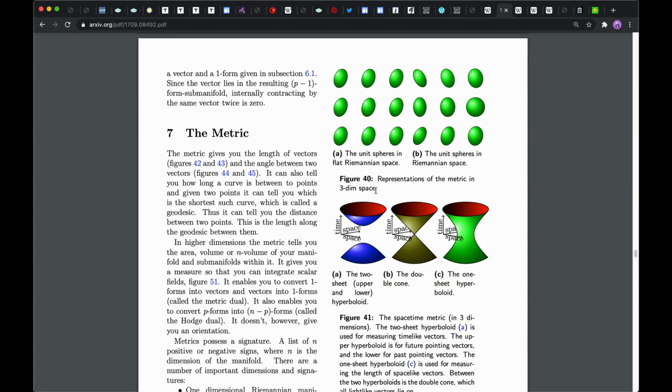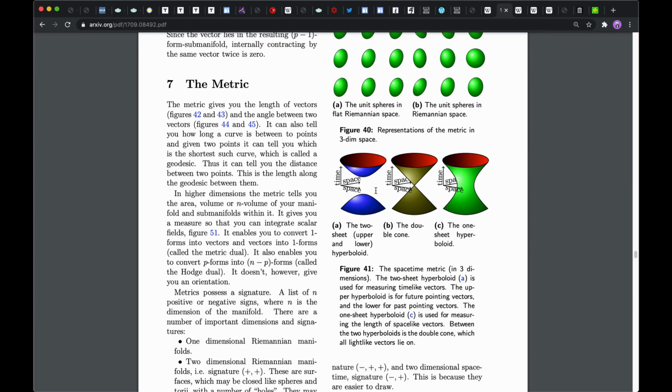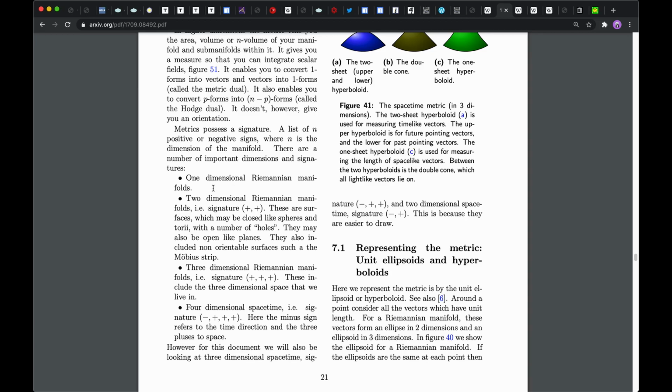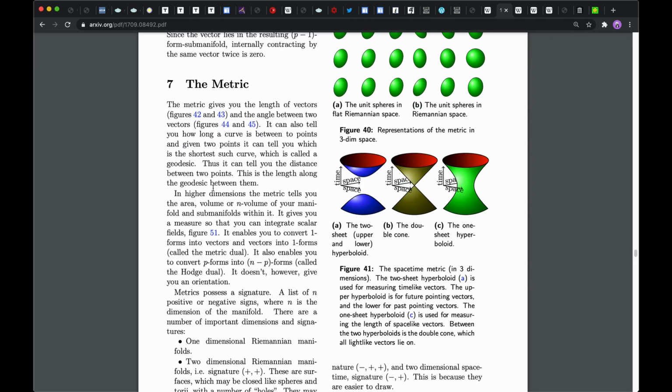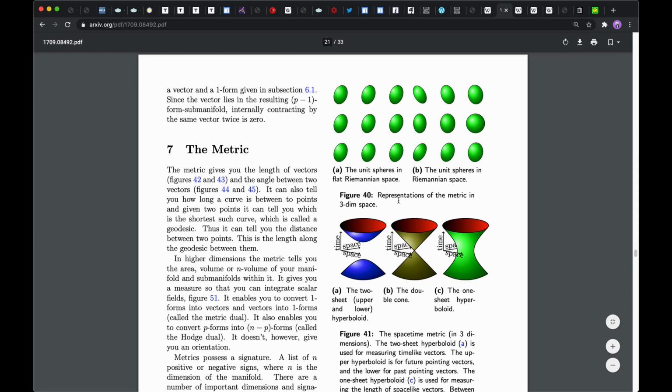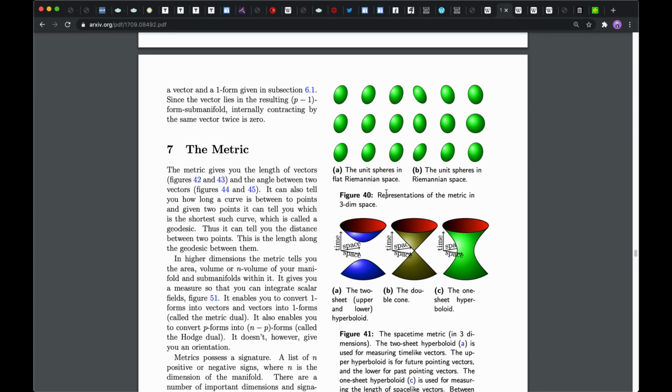Now we can go to the metric chapter, which describes basically metrics. Here we can see that if you have standard Euclidean space, usually we can think about the metric as something which gives us a chance to measure lengths and angles.